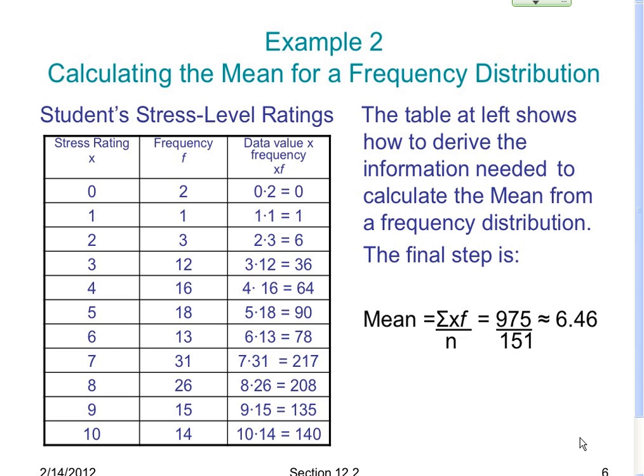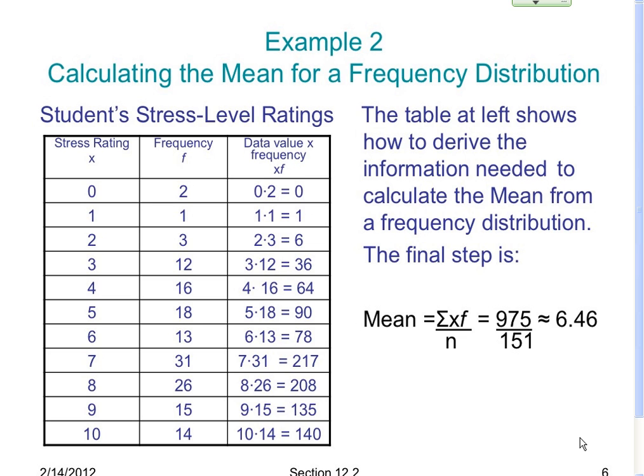So when you're doing the mean, or the average for frequency distribution, be very careful. The numbers that you're going to be adding up come from this column right here, where you multiply these two numbers together, because this tells you how many of these you have, which tells you what you have to multiply by. So I'm going to add up these numbers right here, and I'll get 975.